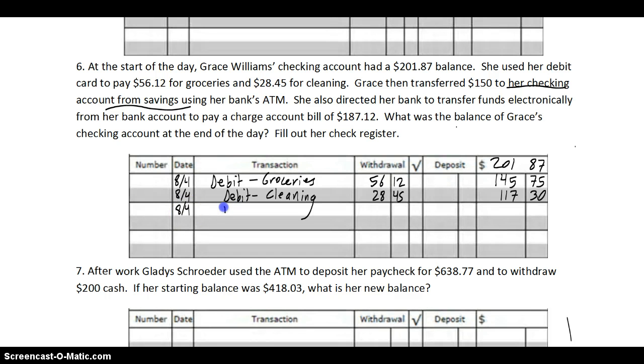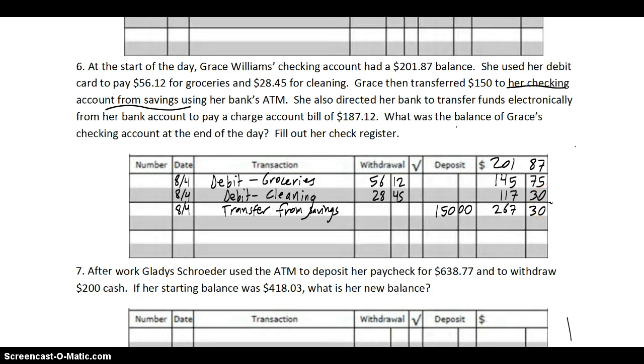So I'm just going to label this as a transfer from savings. And the transfer from savings is actually a deposit, right? Because it's coming into her checking account from savings. So it's adding $150, and you get $267.30.